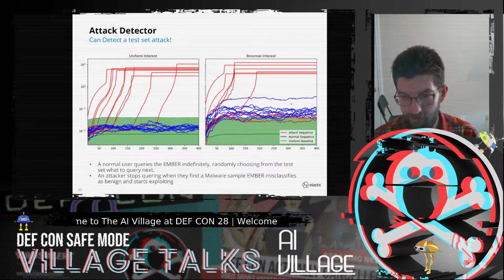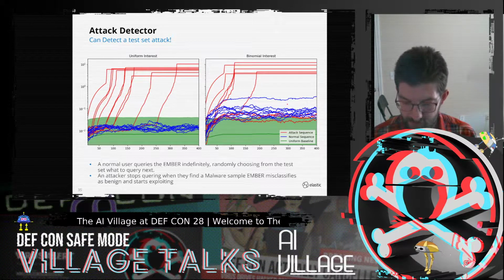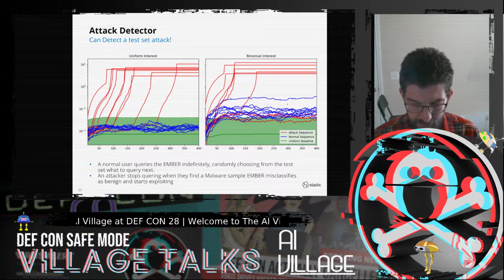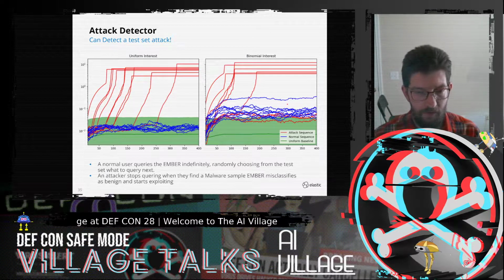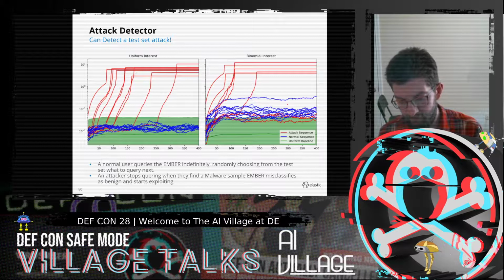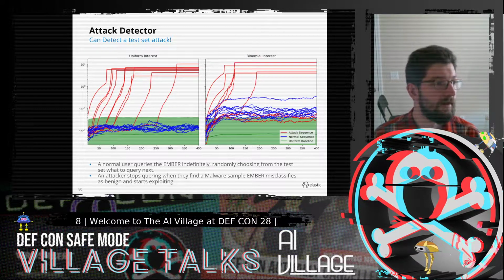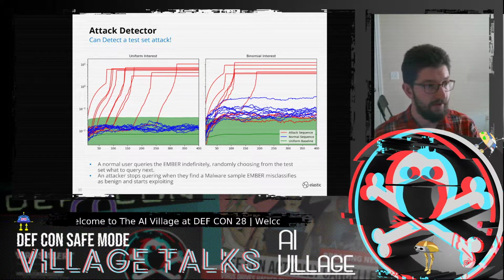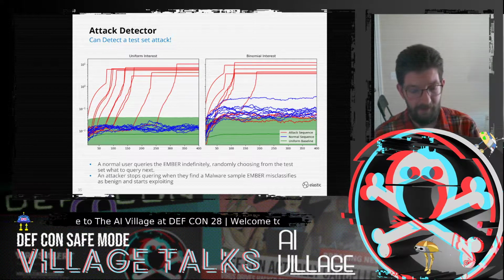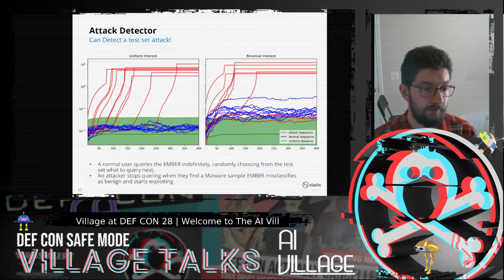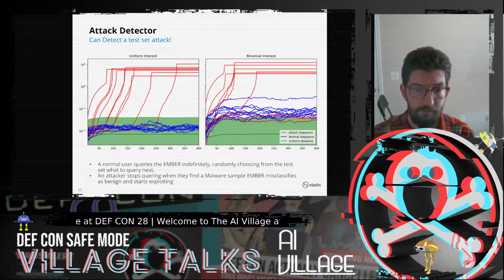I've got to figure out ways of weighting my distributions just right, so that you don't get the noise that it currently has. And the other thing I want to do is test this on many more attacks. There's no reason why this only works on test set attacks. It should work on basically any query-based attack, and it should be cool.